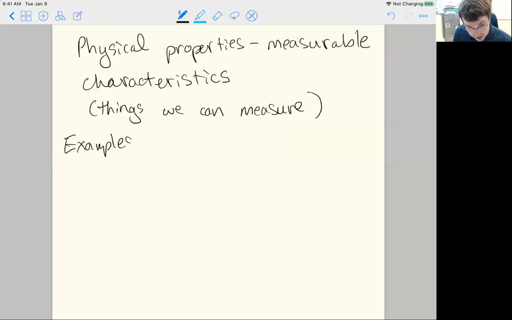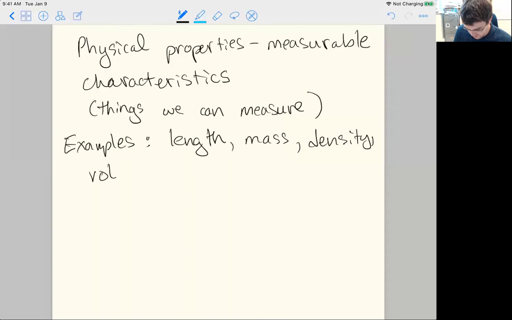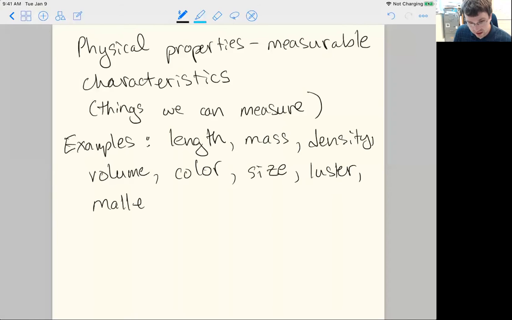let's throw up some examples here. We have length, mass, density, volume, color, size, luster, malleability.